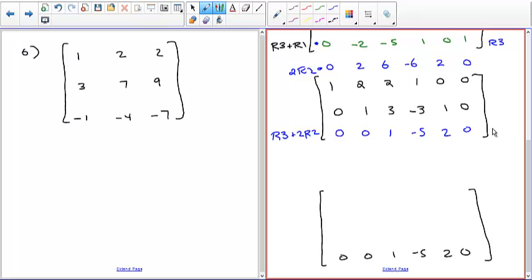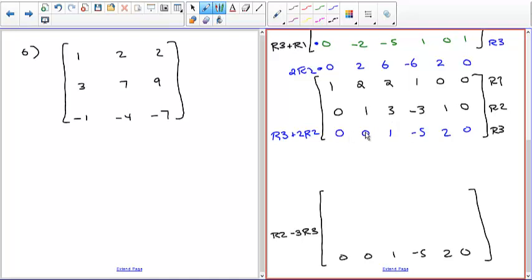Okay, and again, this is row 3, this is row 2, this is row 1. So we copied row 3 down, and we're going to take row 2, and we're going back here. We want this to be 0, so we're going to subtract 3 times row 3. If we subtract 3 times this, that number is going to go to 0.